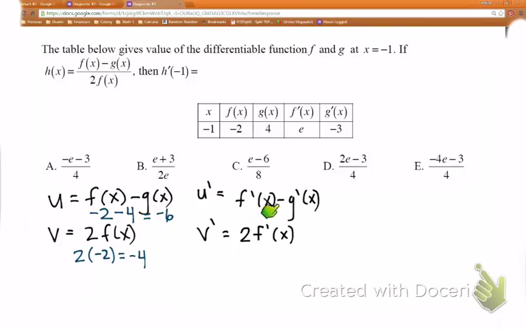Over here we have f prime of -1 minus g prime of -1. So f prime of -1 is e, g prime of -1 is -3. So that's e minus a -3, or in other words, e plus 3. And last but not least, we have 2 times f prime of -1, so 2 times e.